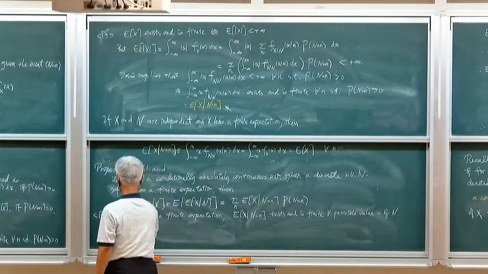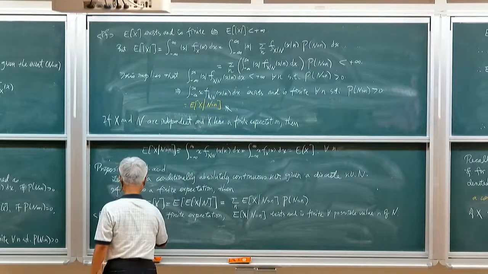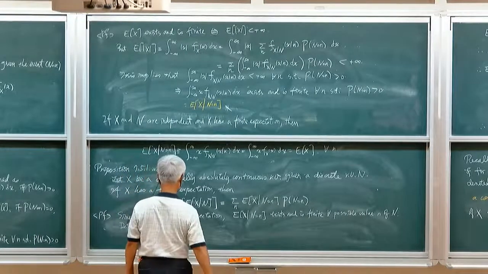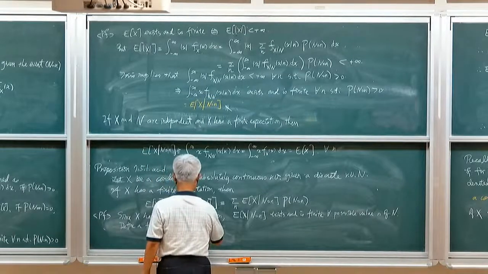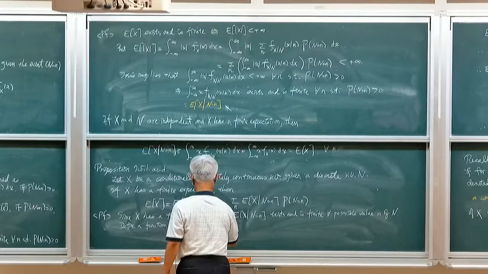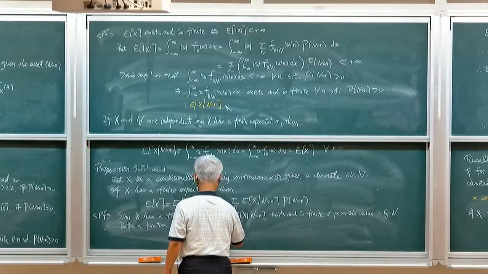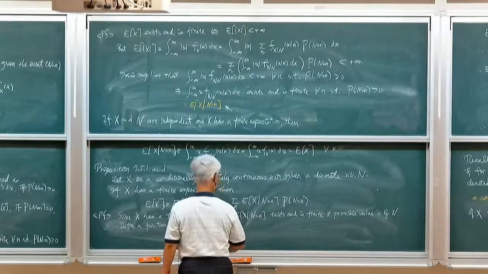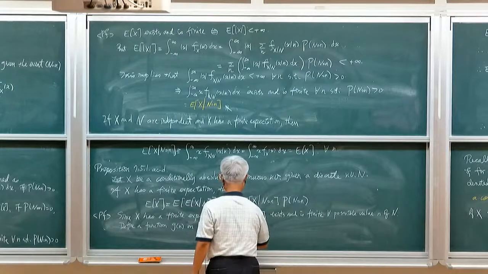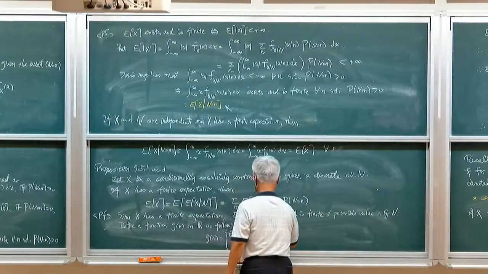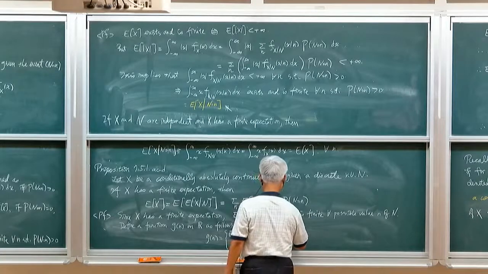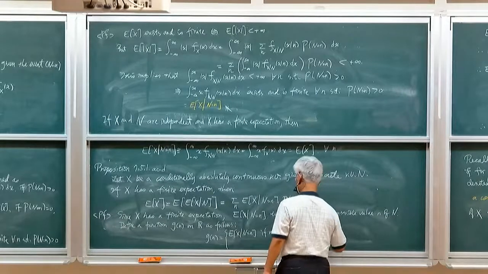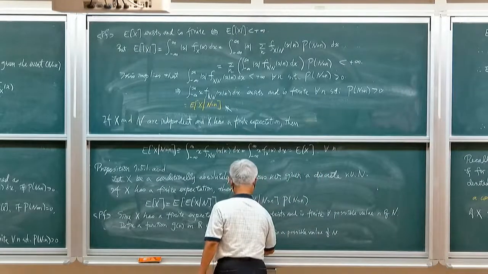And define a function g of n on R as follows: g of n to be the conditional expectation of x given N equal to n if n is a possible value of capital N, and 0 otherwise.